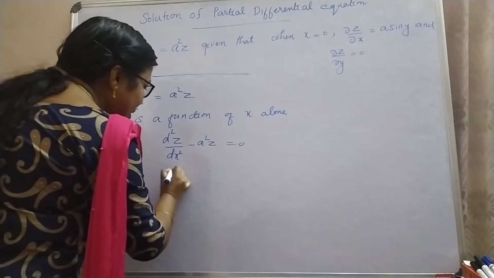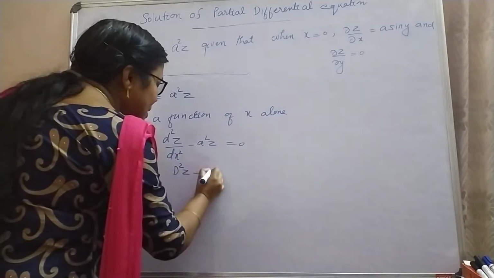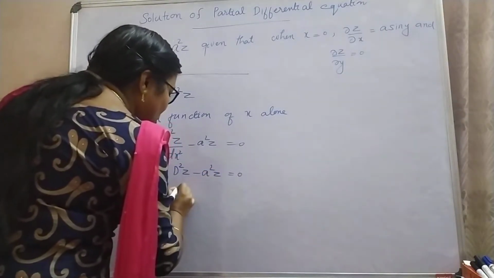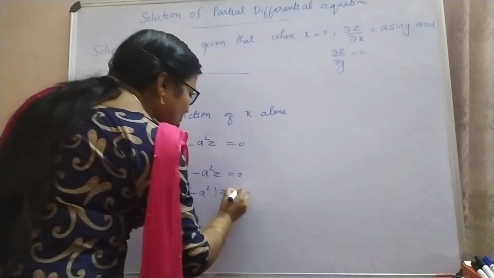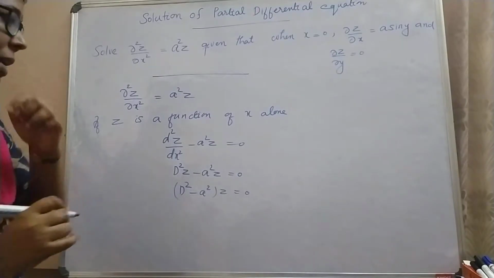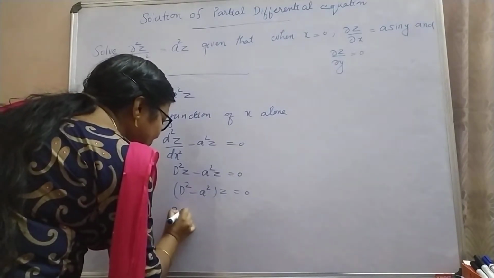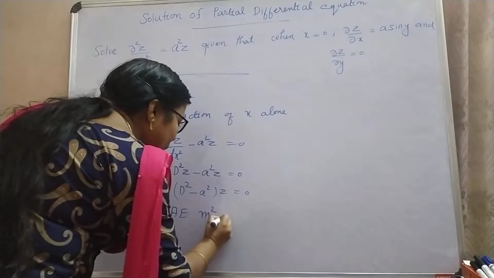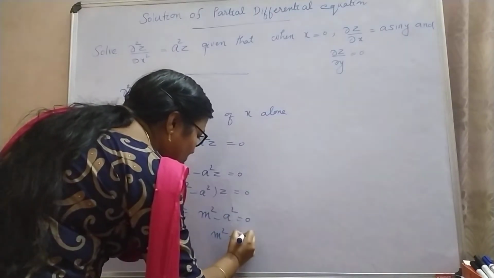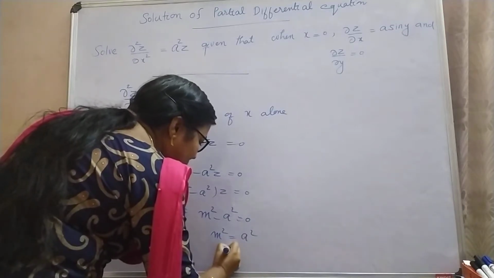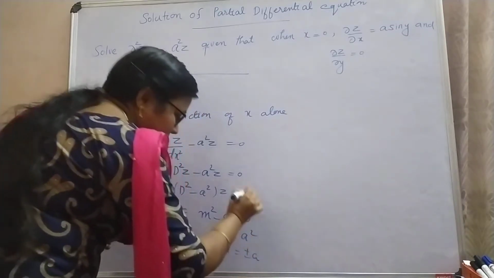This is the second derivative of z minus a²z equal to 0. That is (D² − a²)z = 0. Now we have to find the auxiliary equation. The auxiliary equation is m² − a² = 0, which is m² = a², m = ±a.